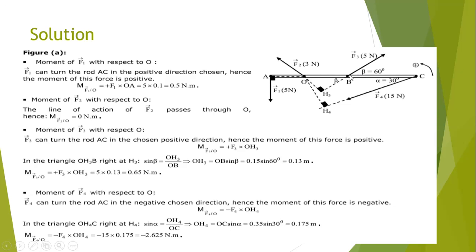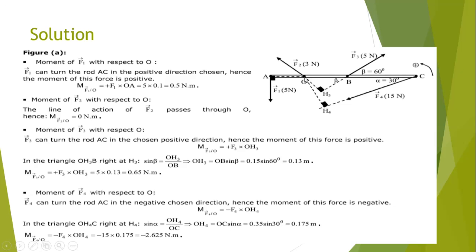For F3, this is the line of action of F3, and the axis of rotation passing through O. If we are going to find the lever arm A3 relative to F3, we need to trace the perpendicular issued from O to the line of action of F3.